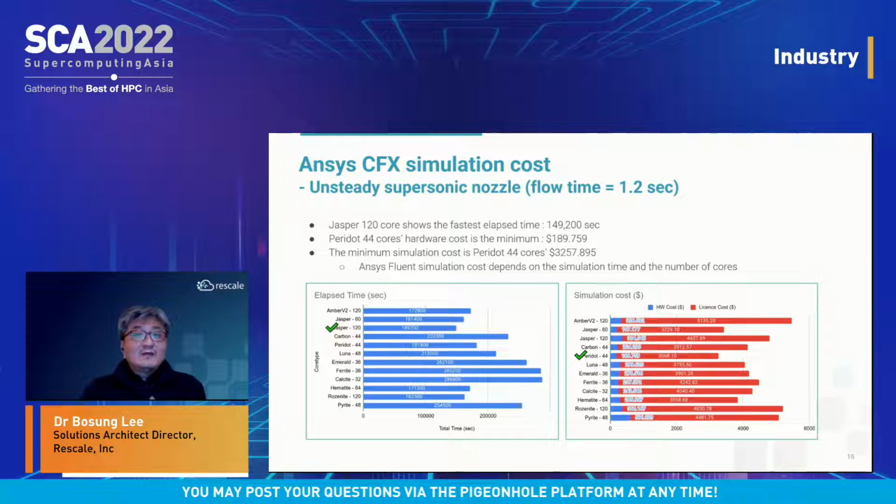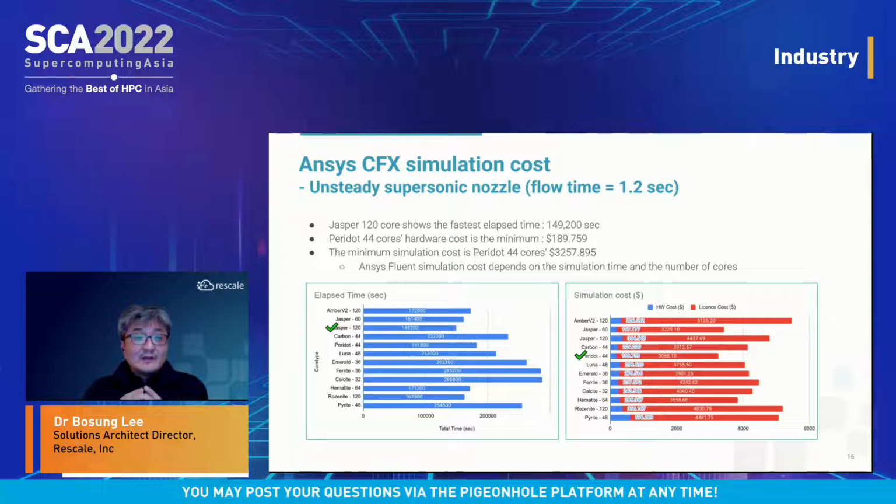The next case is the ANSYS CFX simulation cost. Oh, sorry, this is the ANSYS Fluent simulation cost, mistyped. Different from STAR-CCM+, the ANSYS Fluent license cost depends not only on the simulation time, but also on the number of cores by a very complex formula.